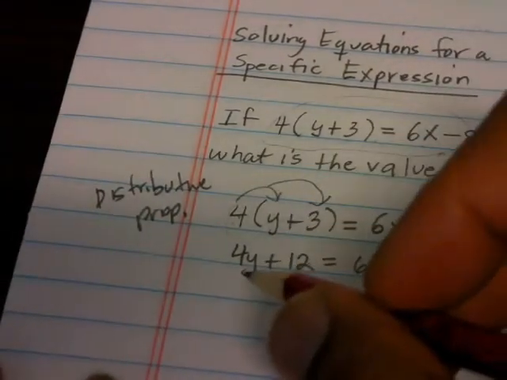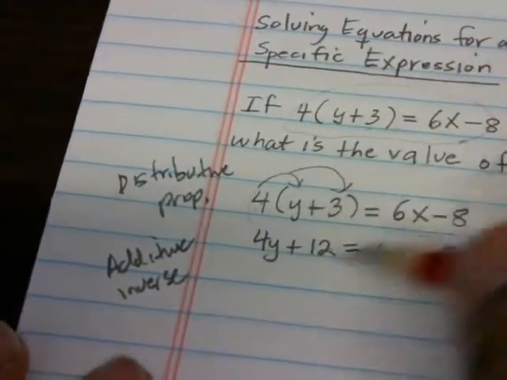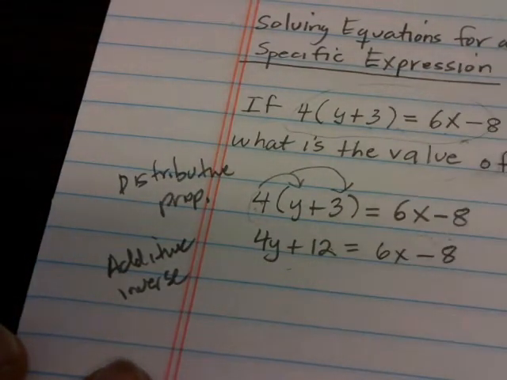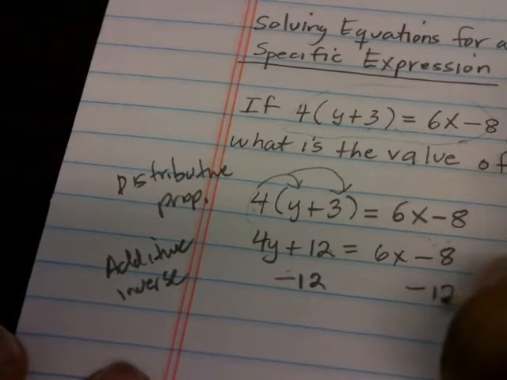We're going to get y by itself first. So we're going to use the additive inverse. That means that we're going to take the opposite of the sign and perform it on both sides. Minus 12 and minus 12.